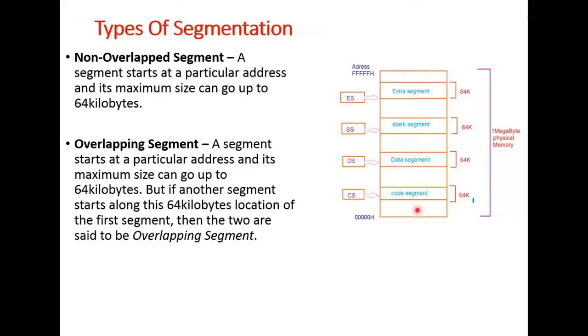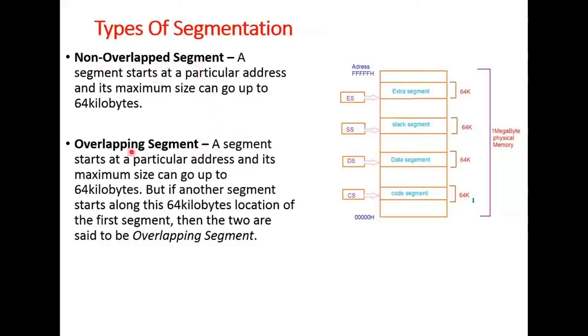For example, this segment may start at 20000 to 2FFFF, and this one may start from 30000 to 3FFFF. Like that, all these four segments are not overlapped with any other segments. This kind of segmentation is called non-overlapping segmentation.